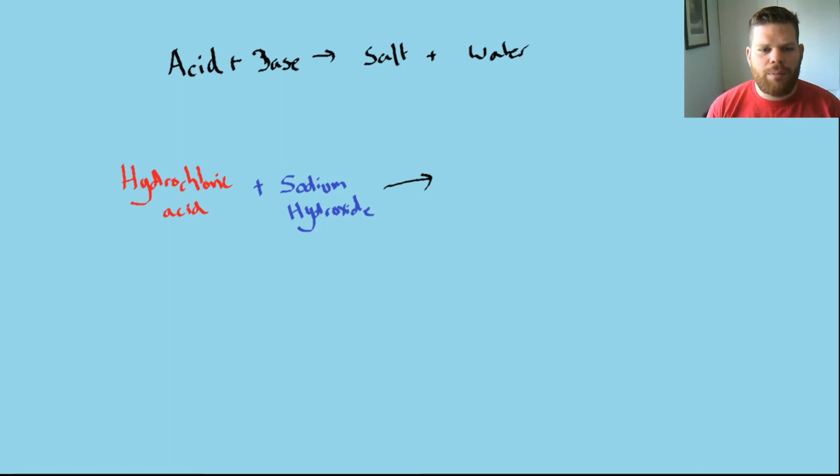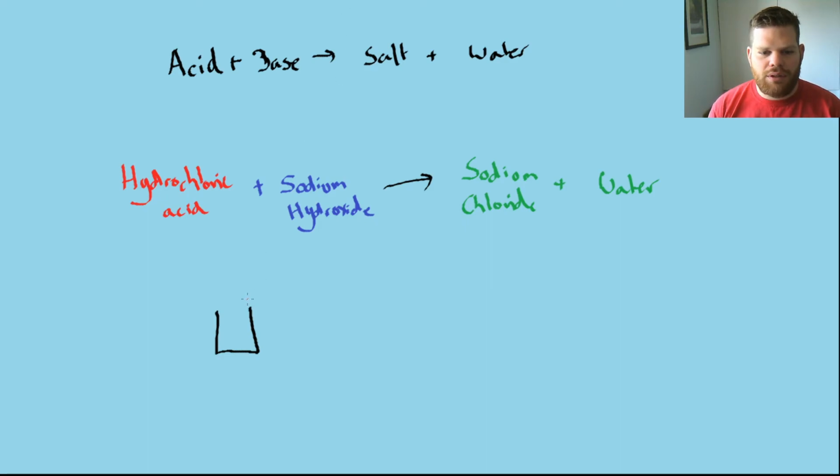Now what we're going to end up with is a salt. The name of this salt, and I'm going to do another video on naming salts, is going to be sodium chloride. And the other product we're going to get is water. As I said, if I started with a beaker, and I'm going to draw my little beaker out, let's say I started with a beaker that had some hydrochloric acid in it.